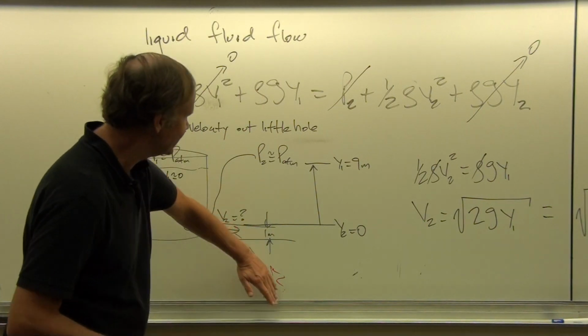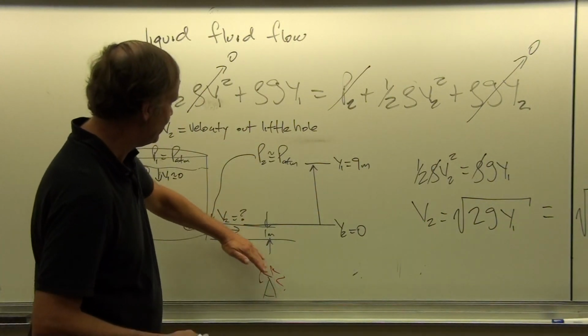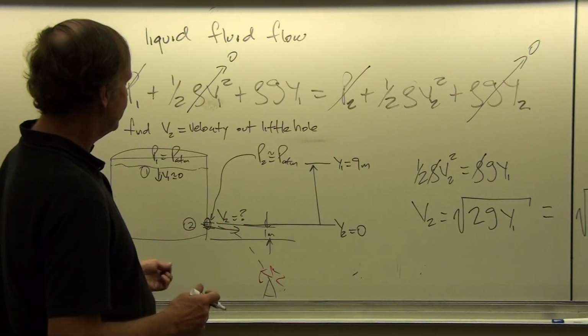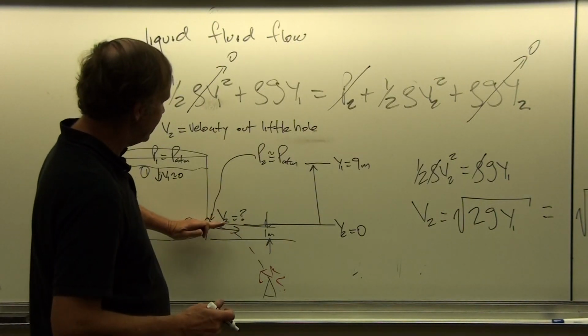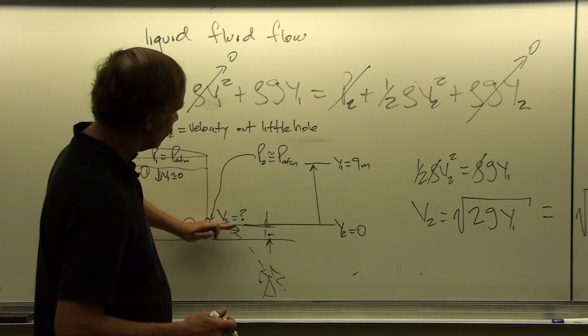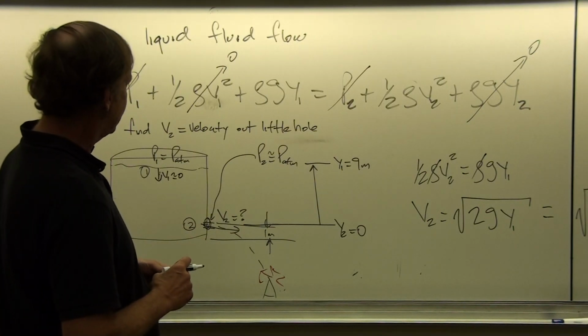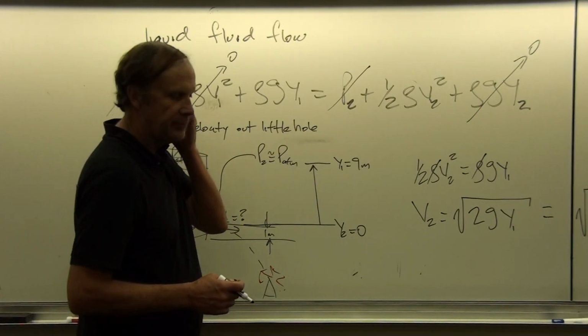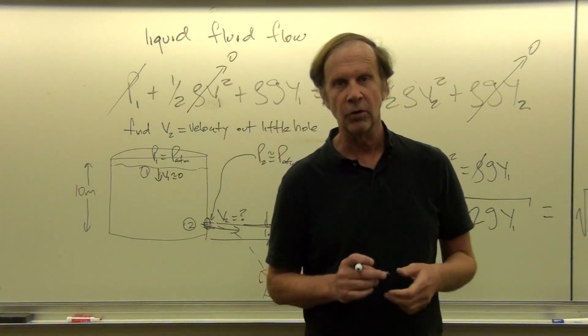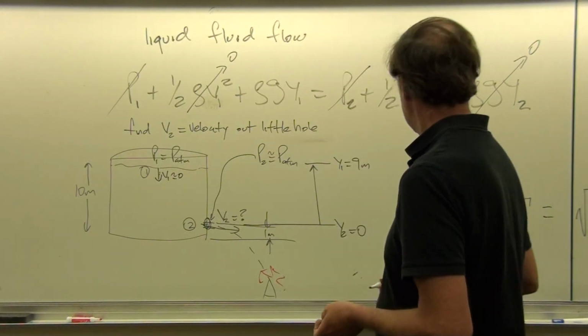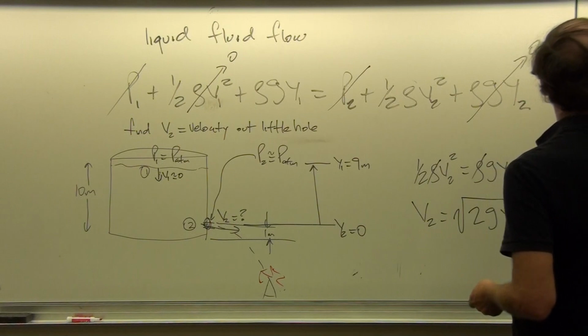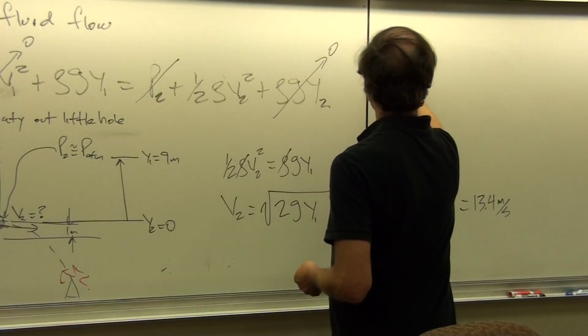You could actually just do a kinematics problem on this with the parabolic motion of the fluid being the same as it would be for an object that's projected horizontally, that is just a single mass. Okay, and so we might then wonder, well, does the size of the hole play any role in what the velocity would be? The answer is no. The size of the hole plays no part.